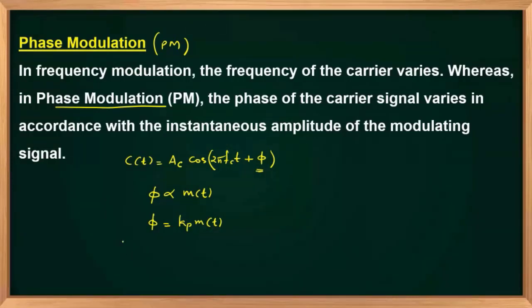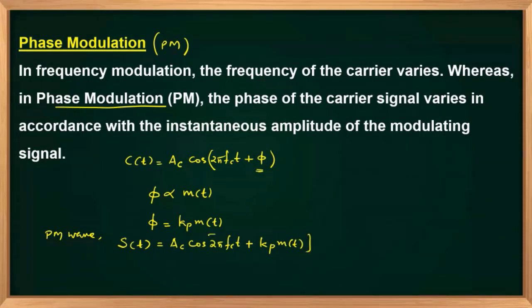Therefore, the expression for the PM wave can be obtained by substituting phi equal to Kp into m of t. So s of t equals Ac cos 2 pi fct plus Kp into m of t.